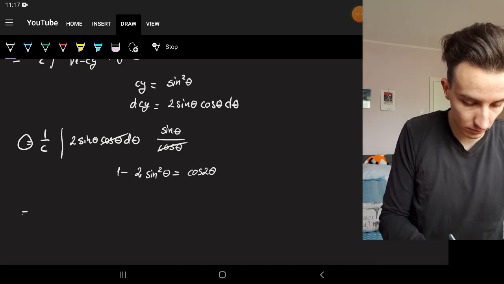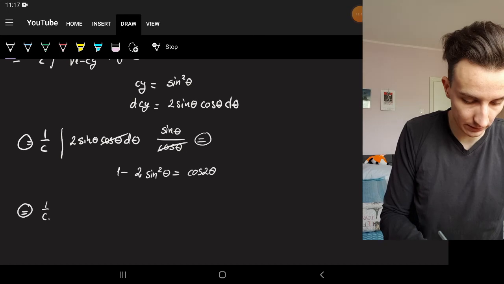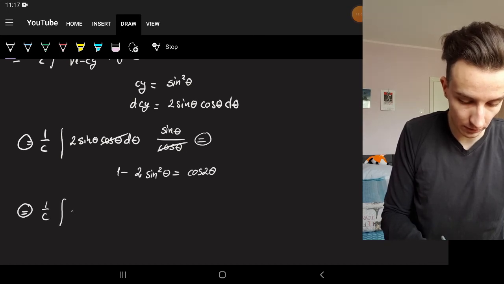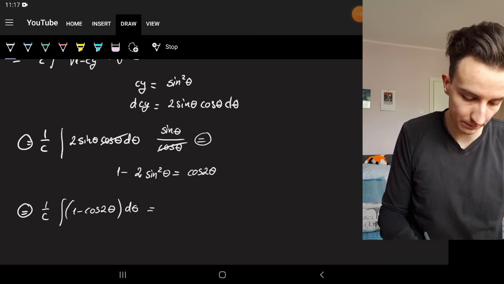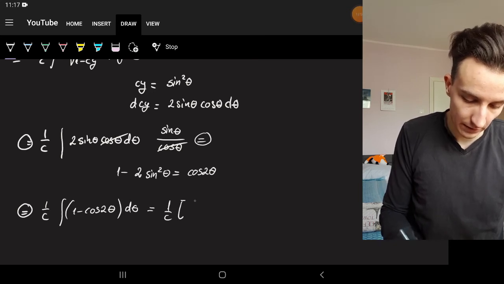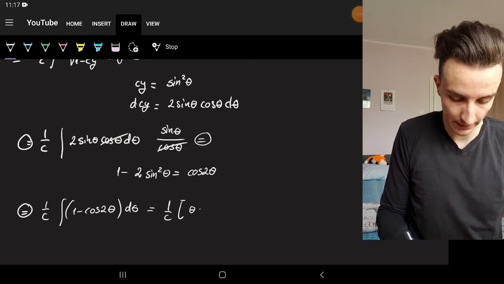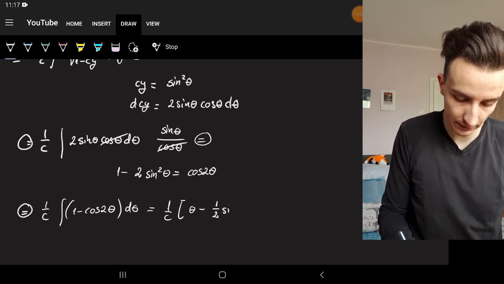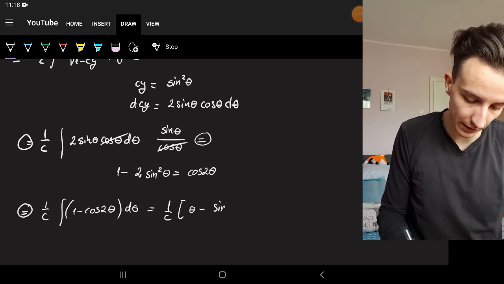So we have 1 over c, the integral of 1 minus cosine 2 theta d theta. And that's equal to 1 over c, theta minus 1 over 2 sine 2 theta. We can write sine 2 theta as 2 sine theta cosine theta, like this.